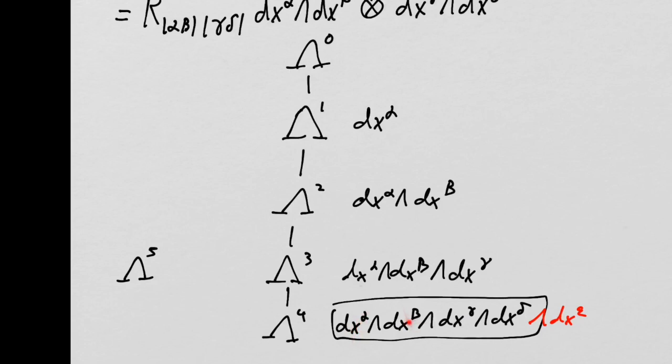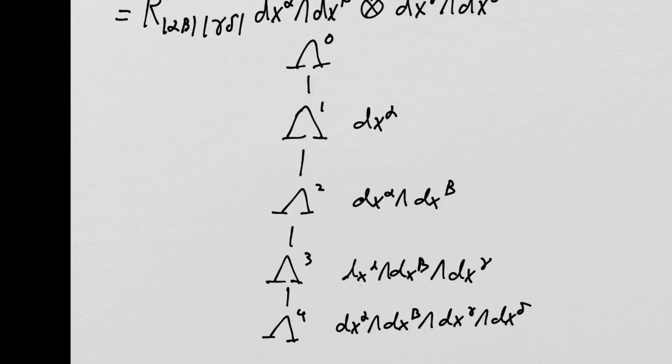If you said alpha was 1, beta was 2, gamma was 3, delta was 4, epsilon would have to be 1, 2, 3, or 4. And we know that when you duplicate one of the one forms in this sequence, it'll all go to 0, right? You can't anti-symmetrize that way. So four forms are the limit for four-dimensional spaces. So there is no fifth-degree form. So that's one quick thing to remember. If this is unfamiliar to you, just go back to that stuff. I'm just trying to review it a little bit right now.